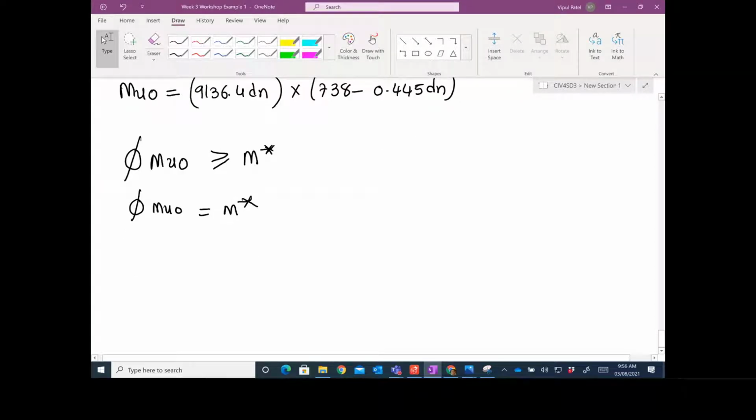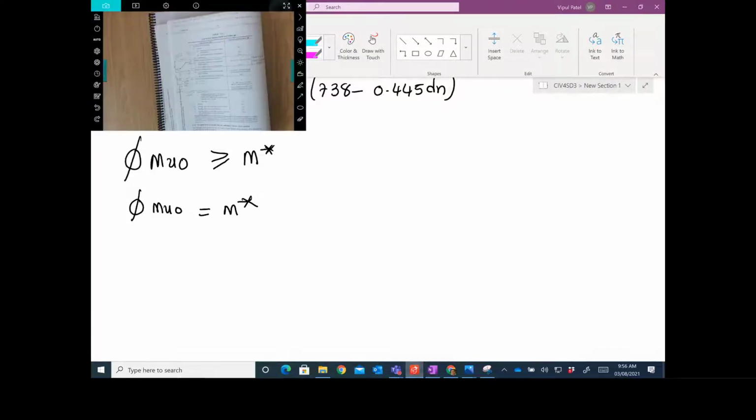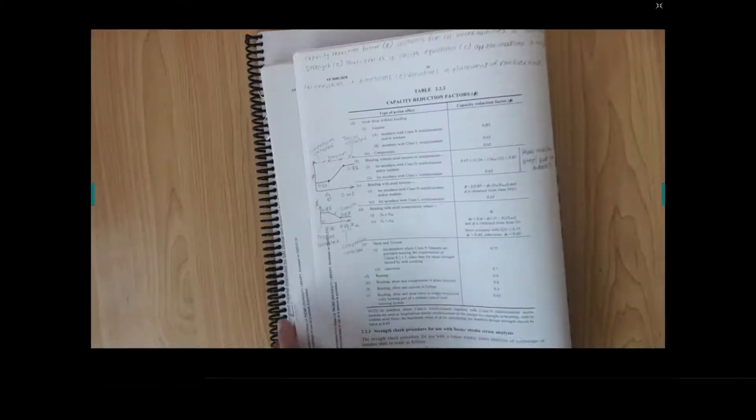And this is the capacity reduction factor phi. That capacity reduction factor comes from table 2.2.2. So if you go back to table 2.2.2 here, we're going to use these tables many times, so you will not miss any.